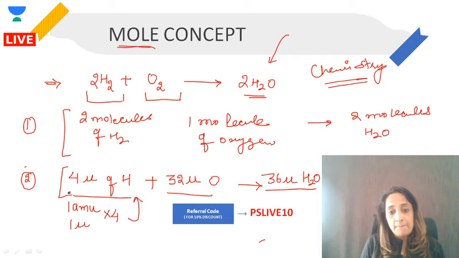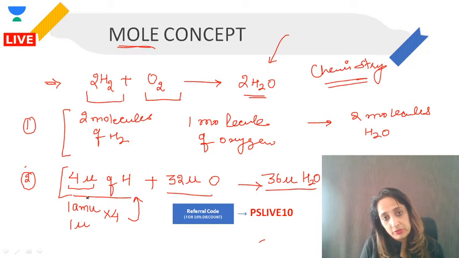But if you look closely at these, you will see the atomic masses of these atoms is somehow related to the number of atoms or molecules.